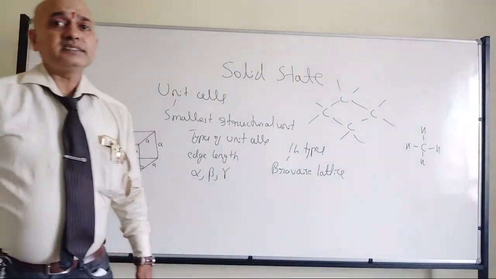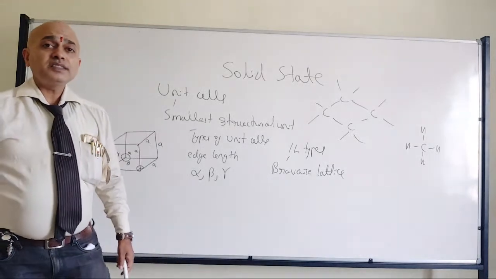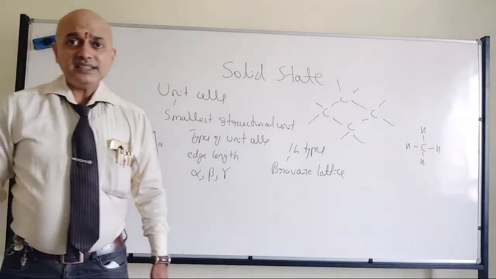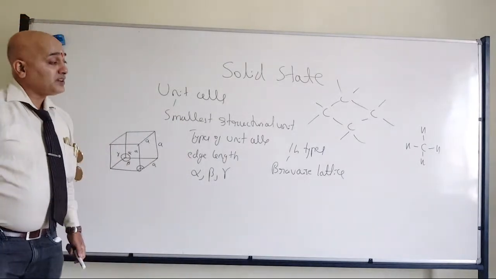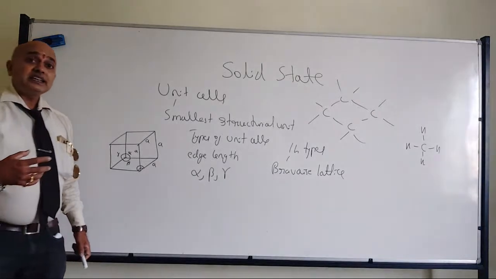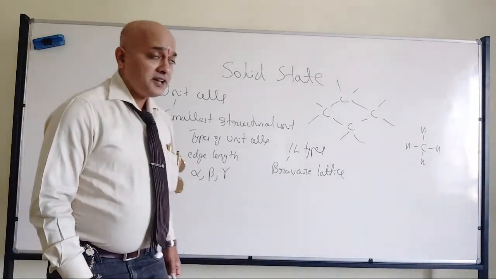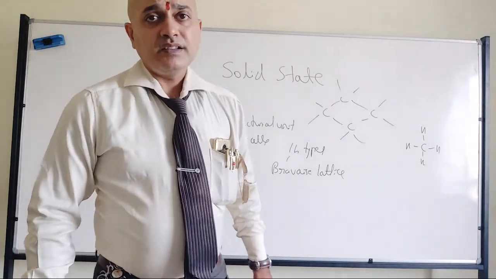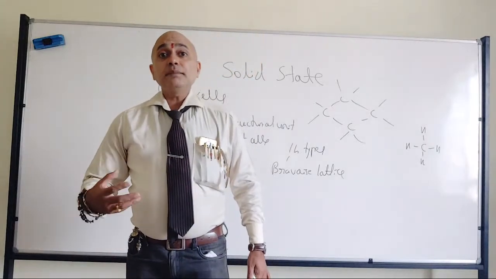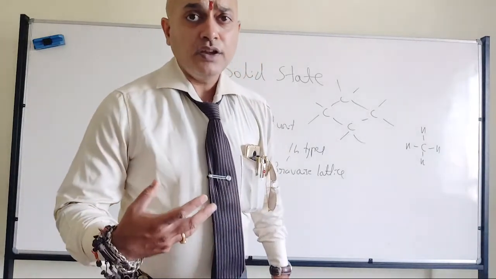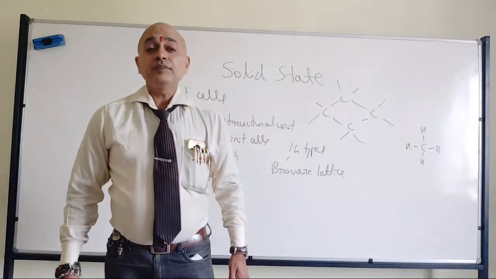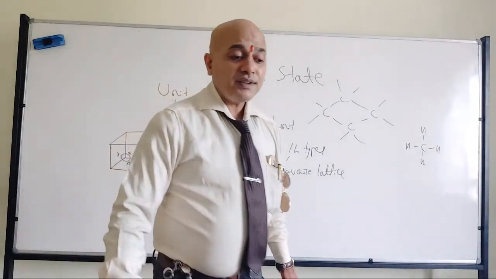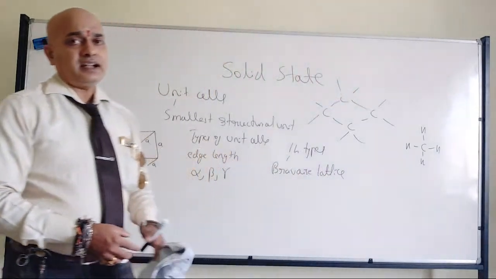Based on edge length and edge angles alpha, beta, gamma, we can have 14 types of unit cells leading to different forms of crystal structure, and all together it is called the Bravais lattice. So what is the Bravais lattice? It is the representation of different types of unit cells due to differences in their edge length and edge angle.